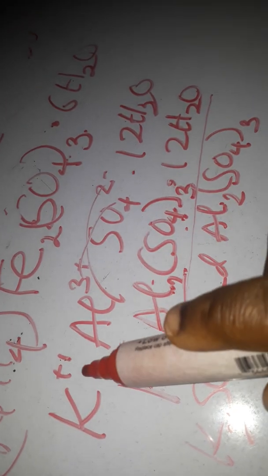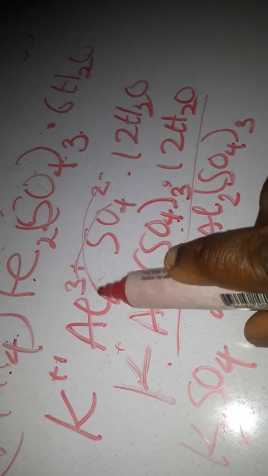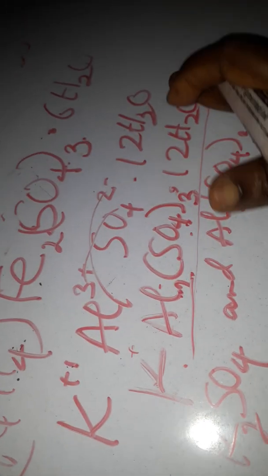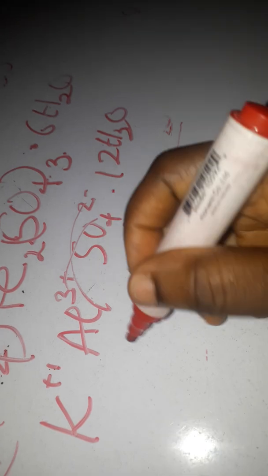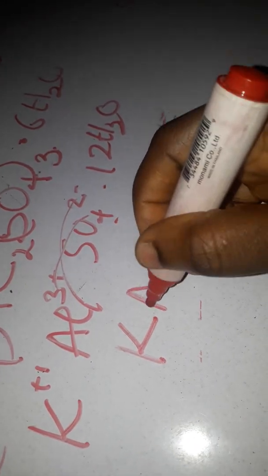This double salt is usually formed. You can have different ions in water because this is common to them all. You have something like this: K, Al, SO4, because SO4 is 2.